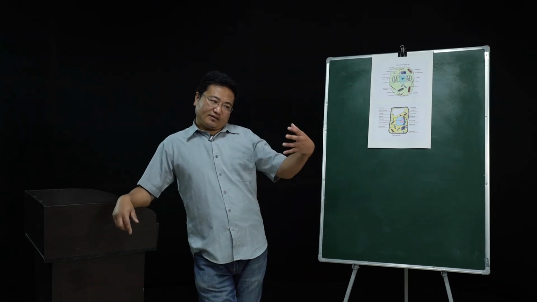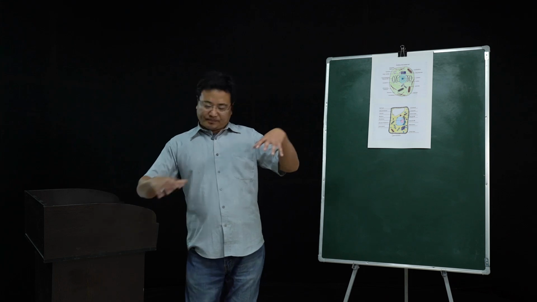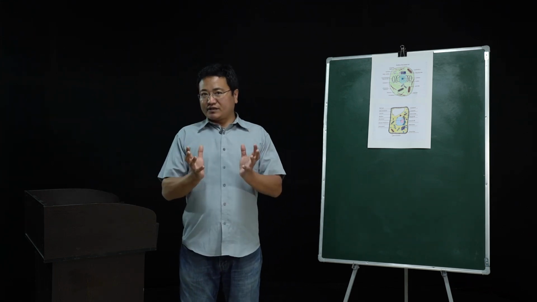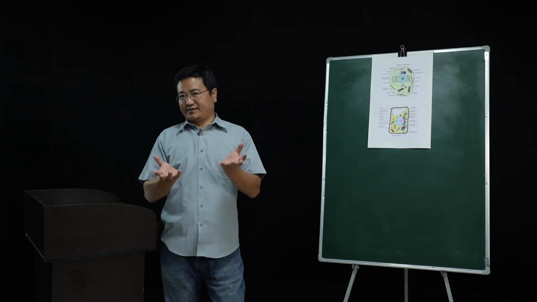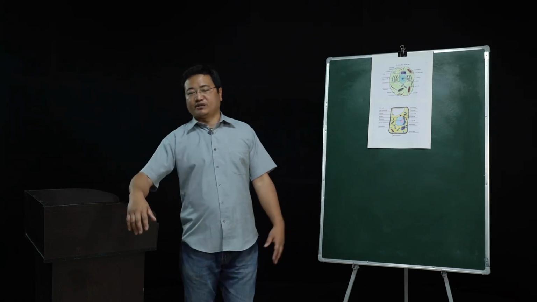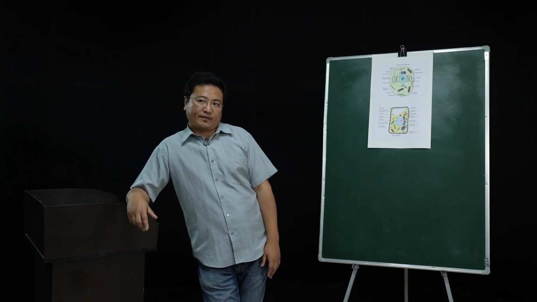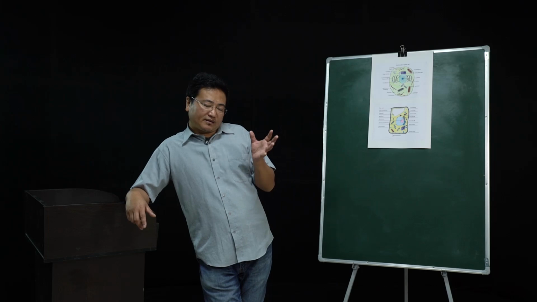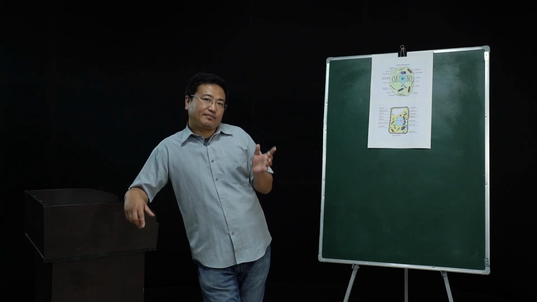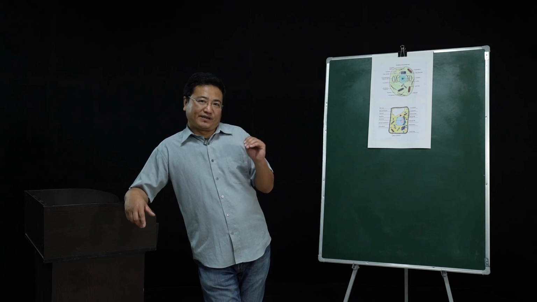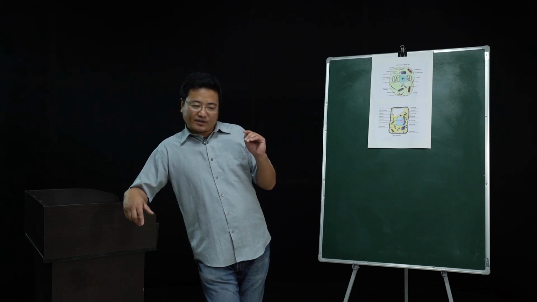So the cell membrane is porous, and it is the first layer that we will encounter when we look at an animal cell. This cell membrane is also called the plasma membrane.